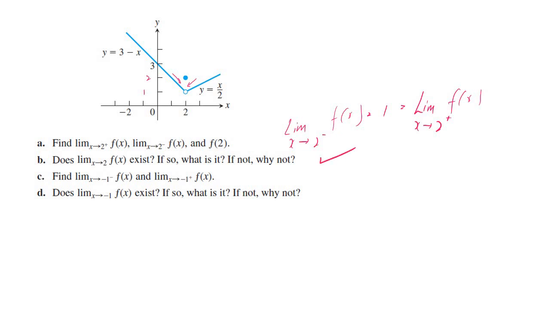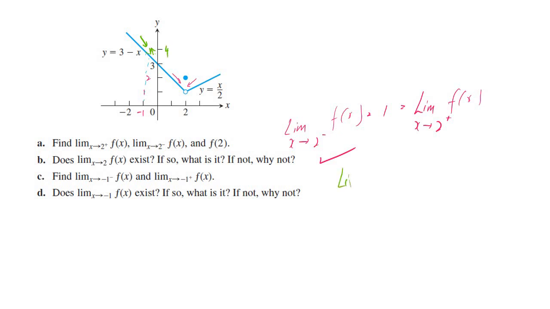Let's look at minus 1. So this is minus 1, and I'll use a different color for that. As x tends to minus 1 from the negative side and positive side, it tends to 4.